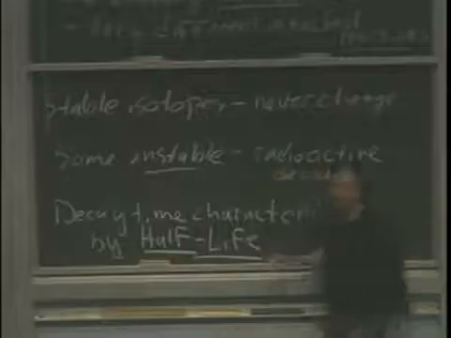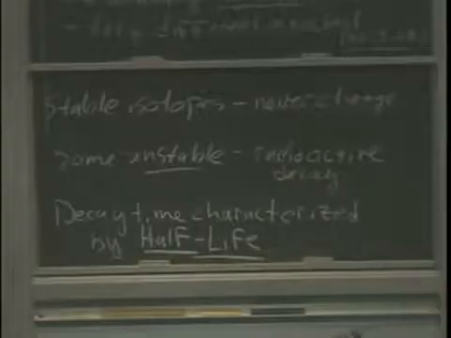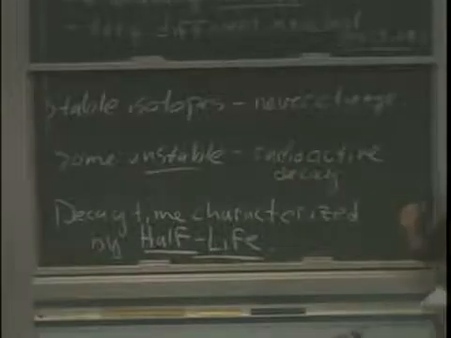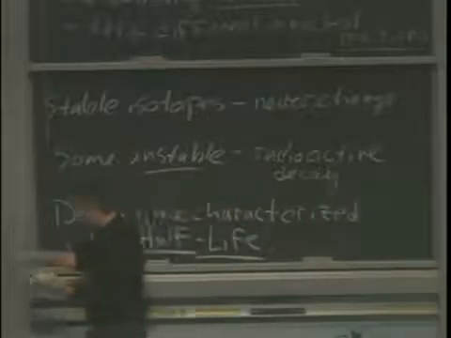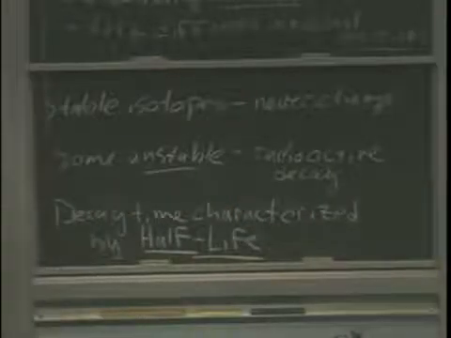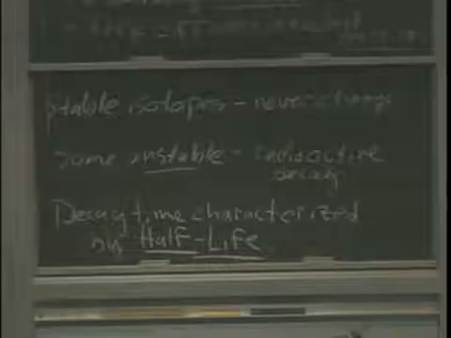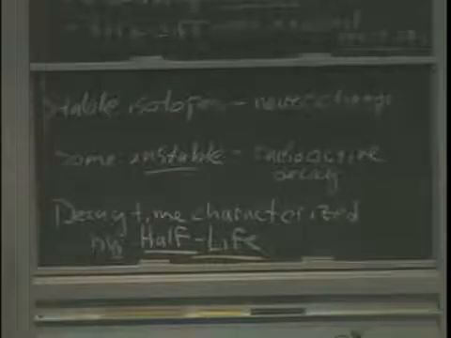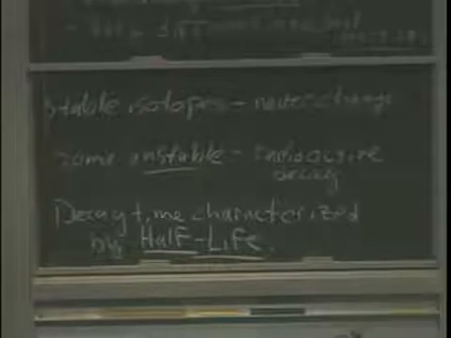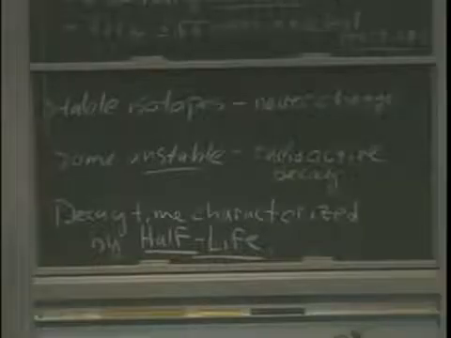The half-life for an isotope is the time for half of the unstable isotopes in a group of isotopes to decay. So the half-life is the time for one half of the unstable isotopes in a group to decay.